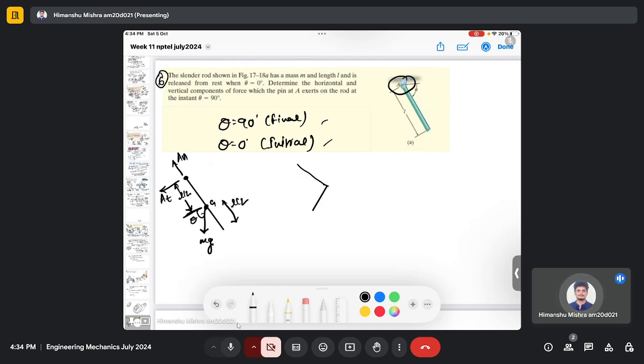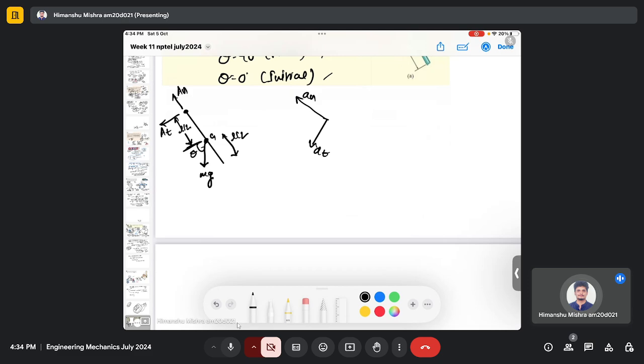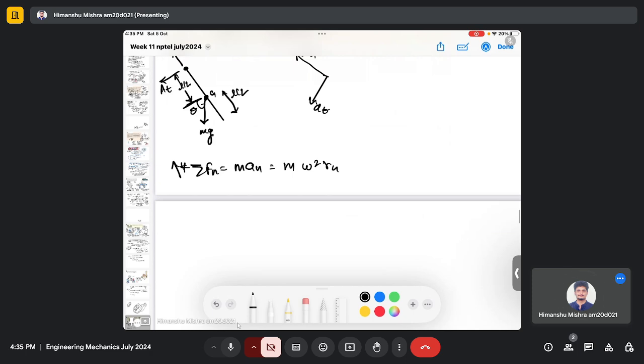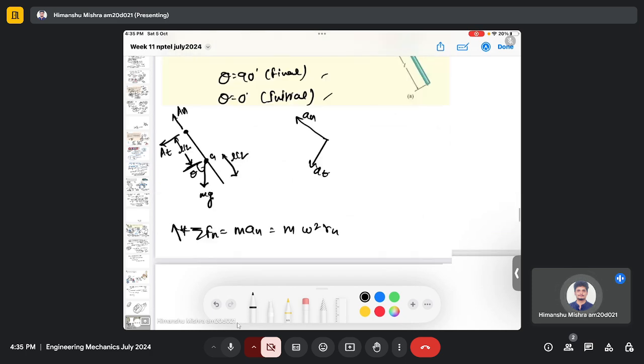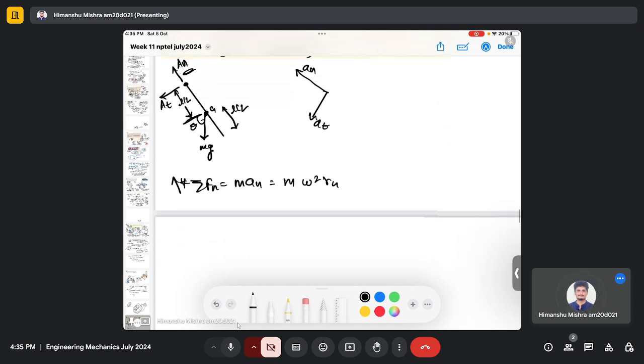And you know that in the normal and tangential directions you will have a tangential component as well as a normal component of acceleration. So if you do the force balance analysis in the normal direction, it will be equal to m a in the normal direction. The acceleration in the normal direction is omega square r_G, so m omega square r_G. What are the forces acting in the normal direction?